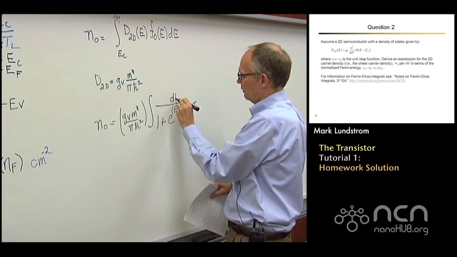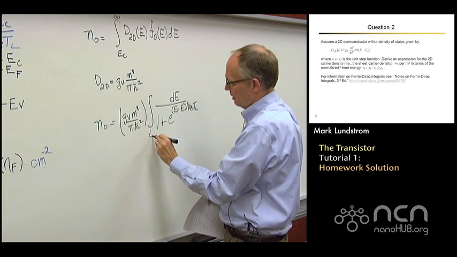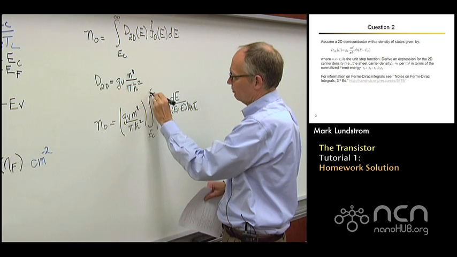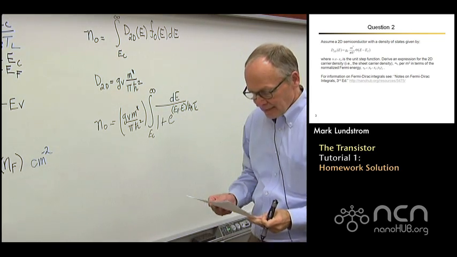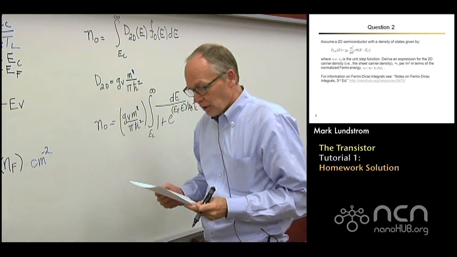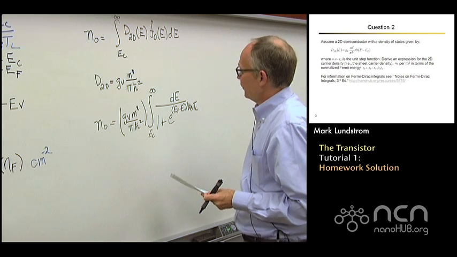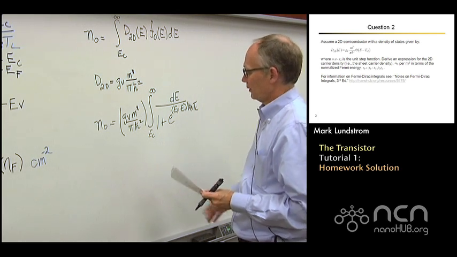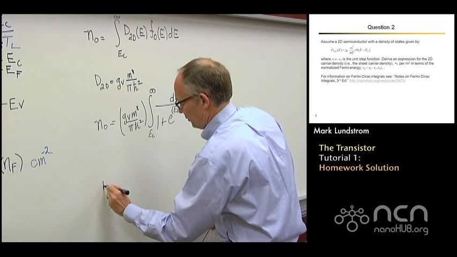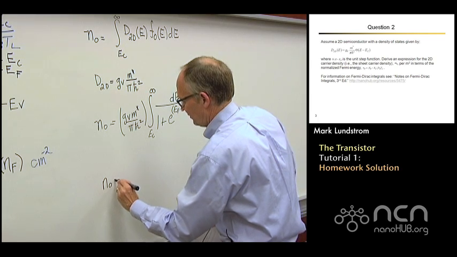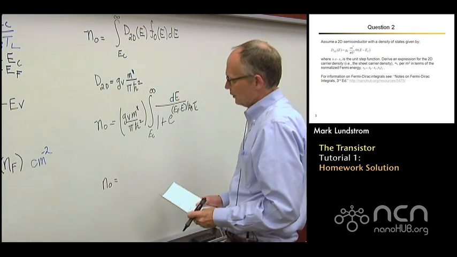And then we're integrating with respect to E from the bottom of the conduction band to infinity. So that's the integral that we have to work out. And if we do that, we'll have our answer. So it's just a matter of doing some algebra and being careful about how we do that.